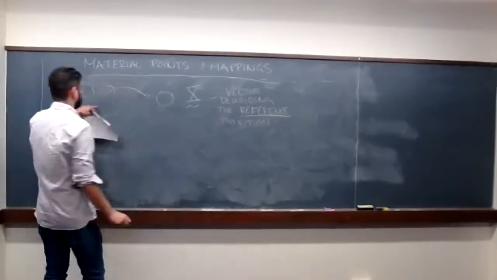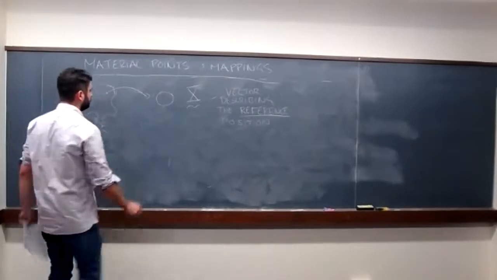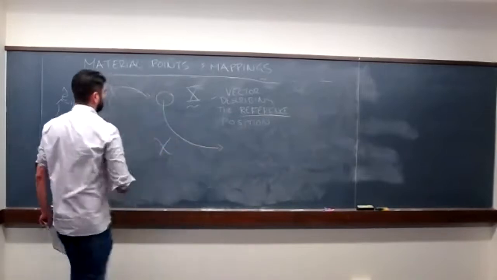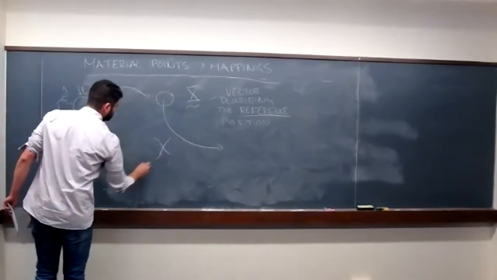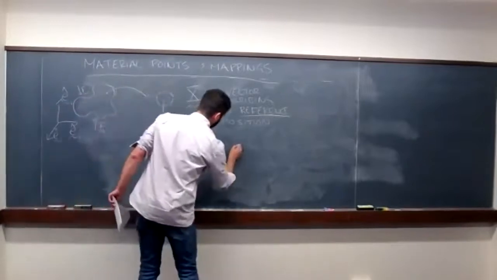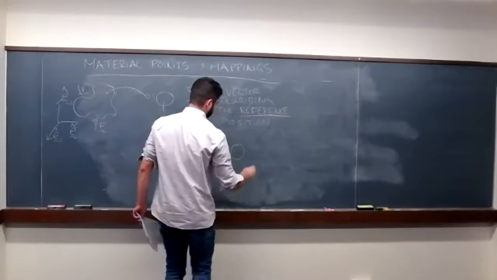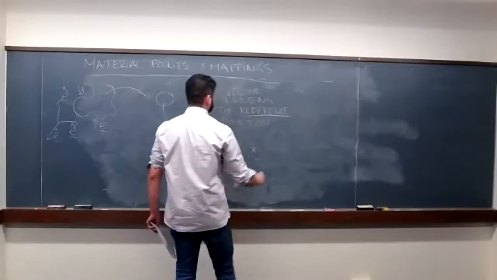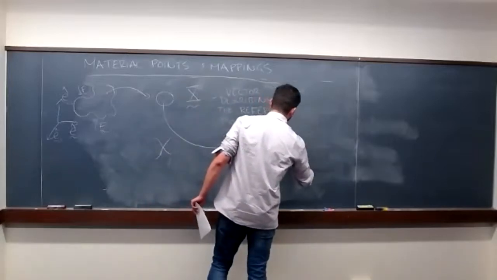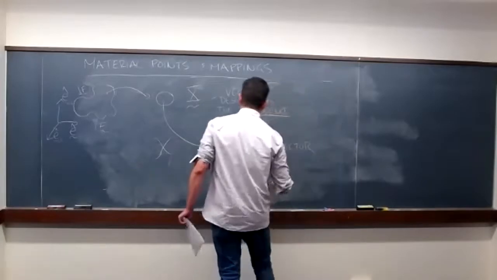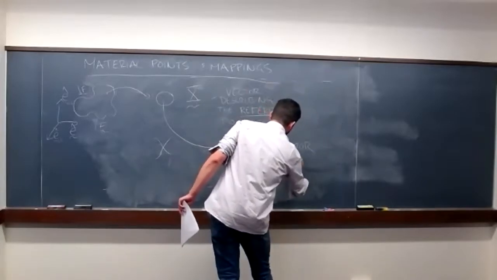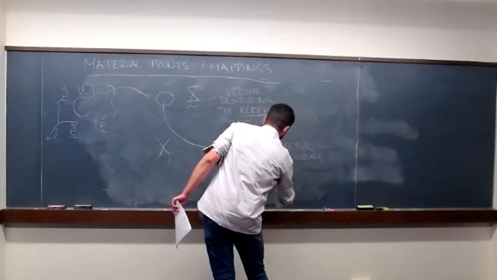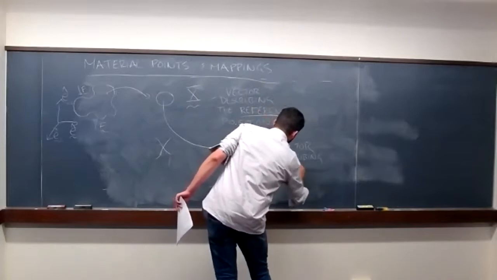And this material point, as the body deforms, is mapped. So I'm going to use chi to a new position that I'm going to have a small x. And that's a vector describing the current position.